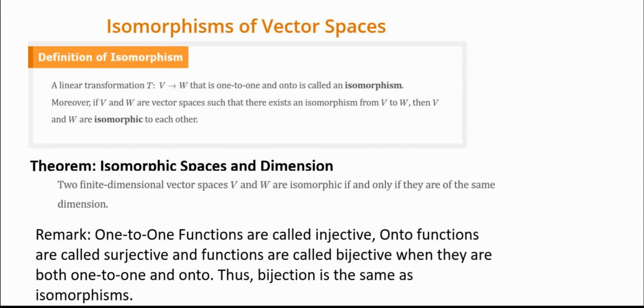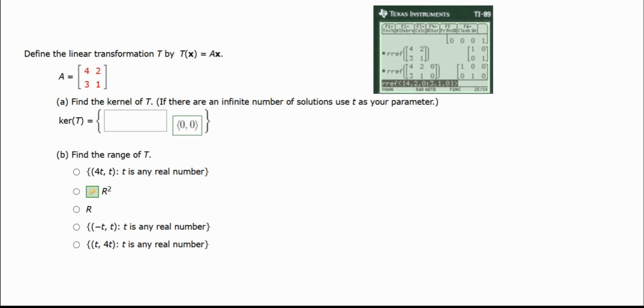Onto functions are called surjective, and functions are called bijective when they satisfy one-to-one and onto. Thus, bijection is the same as isomorphisms. Now we can look at some problems, right?